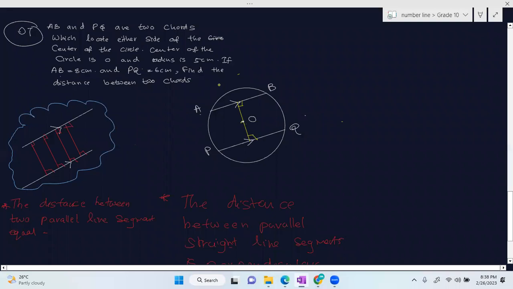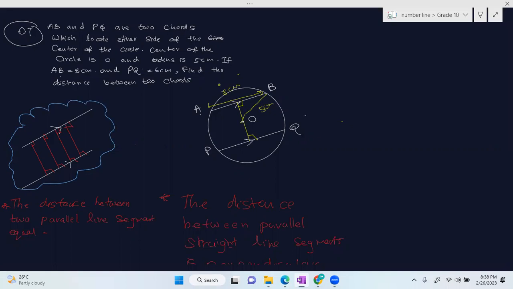This is 5 centimeters. If AB is equal to 8 centimeters, now we know these two straight line segments are equal. And PQ is 6 centimeters. That means this is 3 centimeters, this is 4 centimeters.